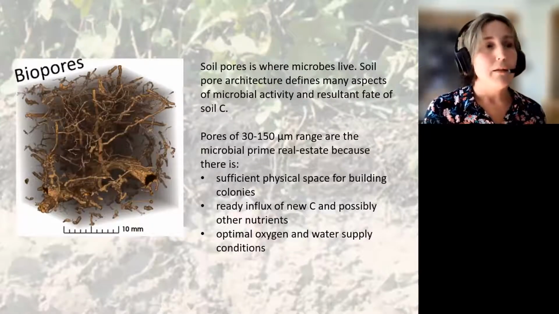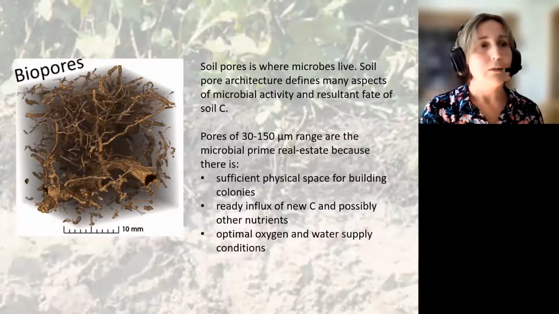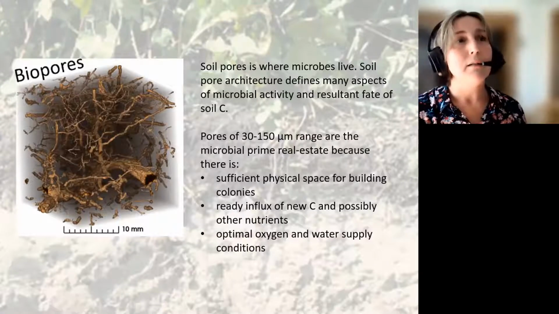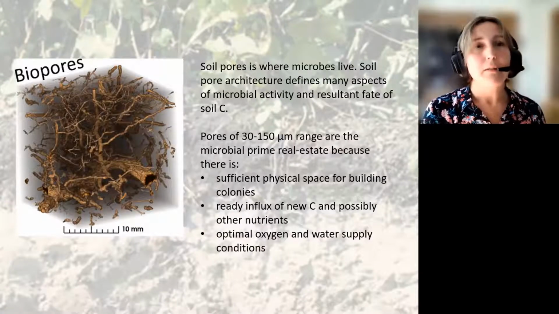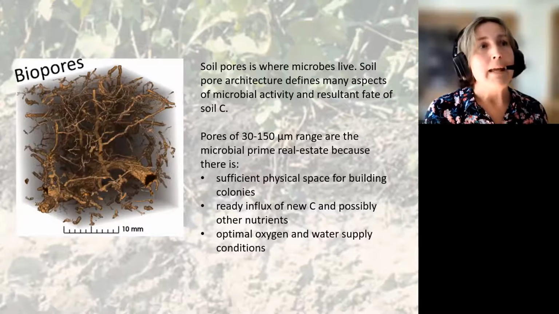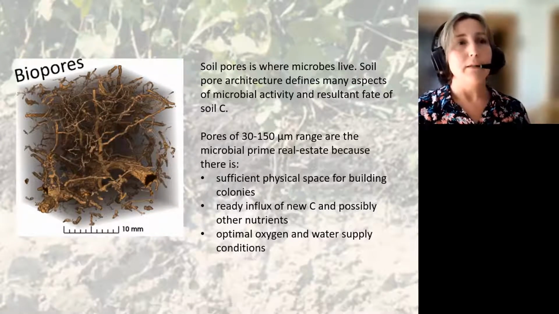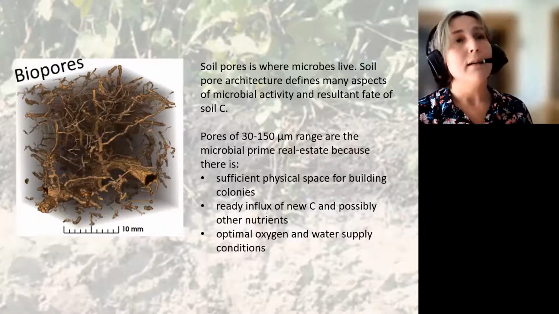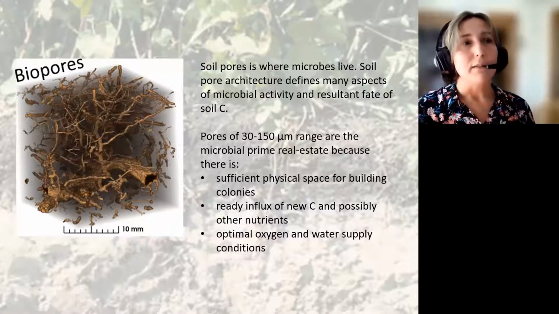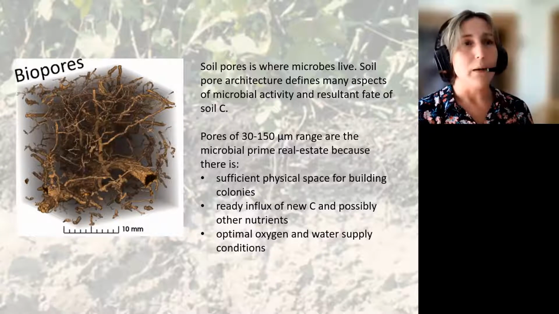So thinking about then what is at play in here, microbes live in soil pores, and the architecture of the pore space in soil defines many aspects of the activities and what will eventually happen with soil carbon.